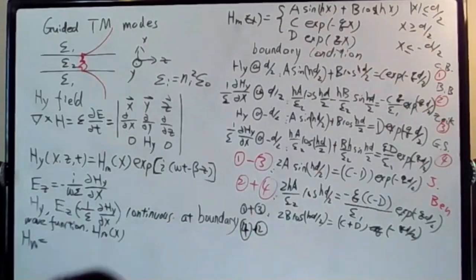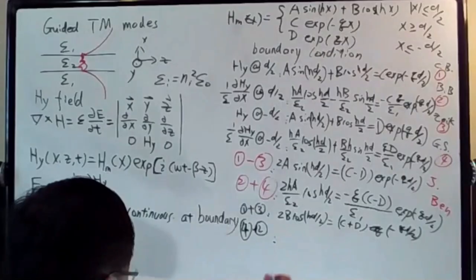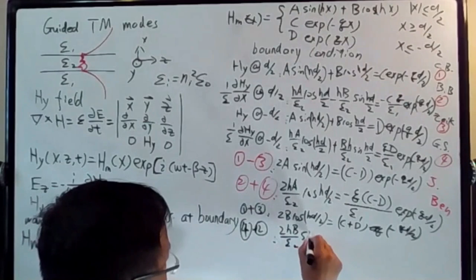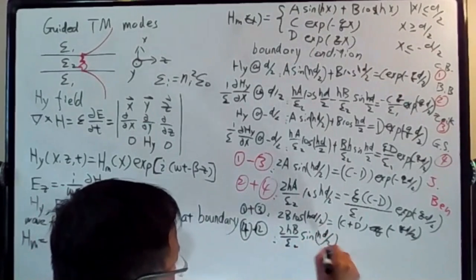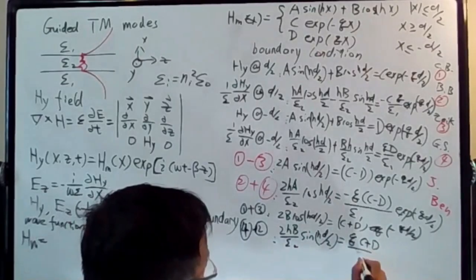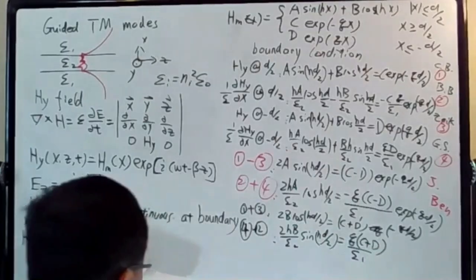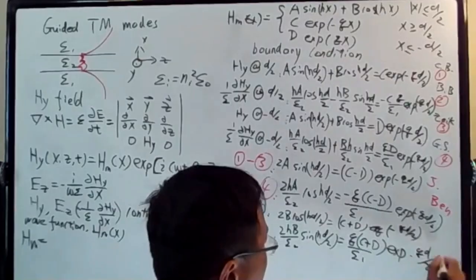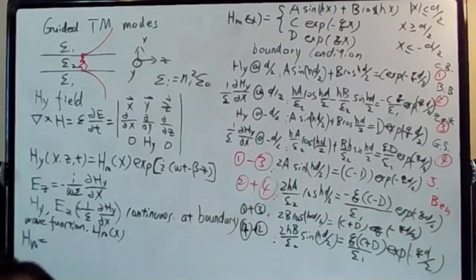So this is 4 minus 2. That's what we have: 2HB over epsilon 2 sine HD over 2 equals Q(C plus D) over epsilon 1, exponential negative QD over 2. Hopefully you can see it. Yeah, kind of barely. Okay, great. I think you got the main point.